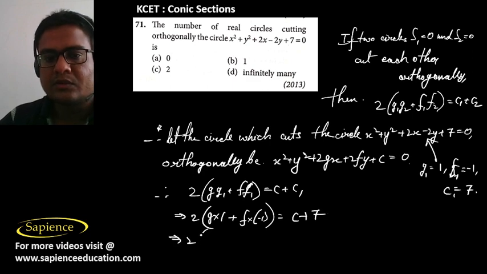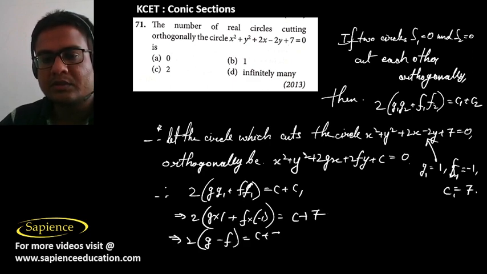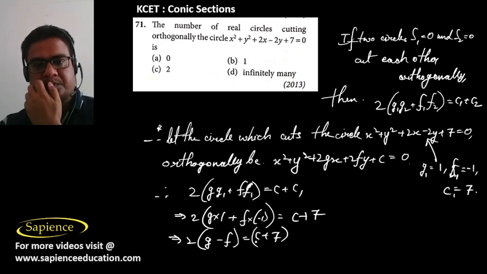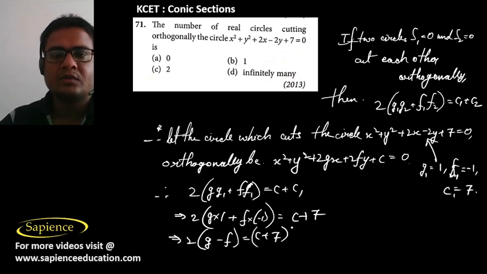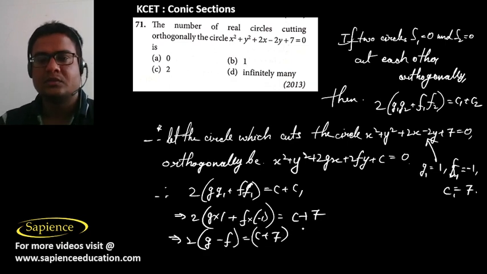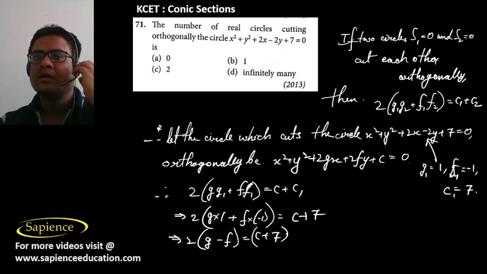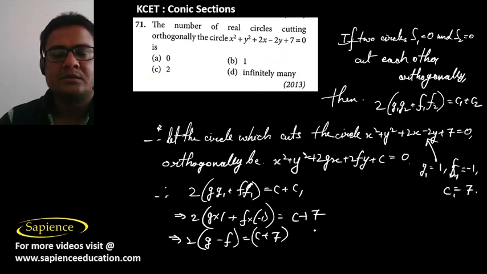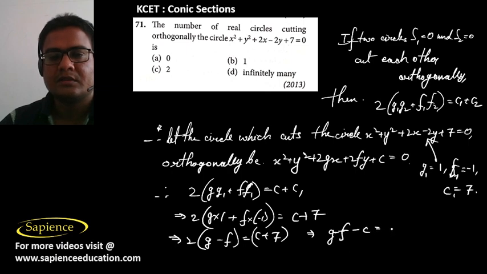So we can say that 2g minus 2f minus c should be equal to 7.